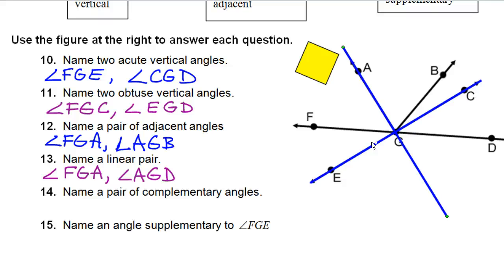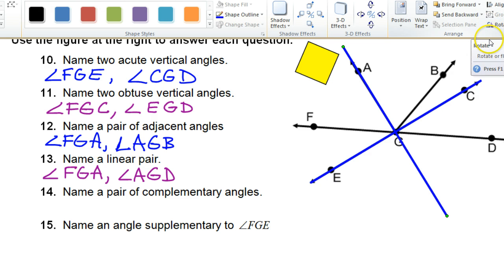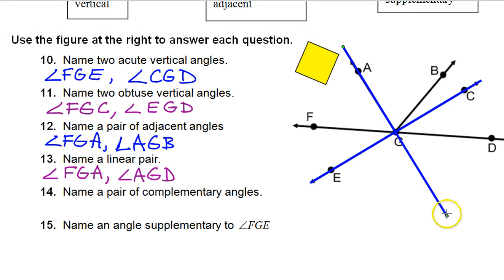Okay, very clever. Proud of myself. So I sort of proved that these are in fact perpendicular by using the tool and rotating it 90 degrees. See, it says 90 degrees right there. So that sort of guarantees me that it is exactly 90 degrees.